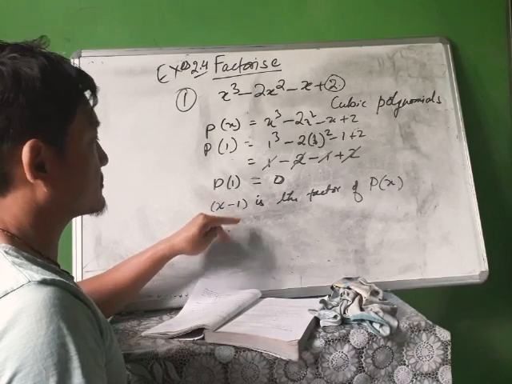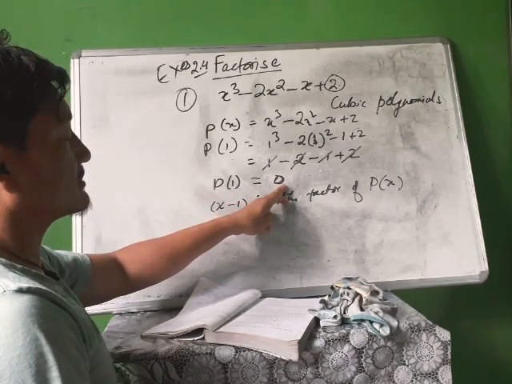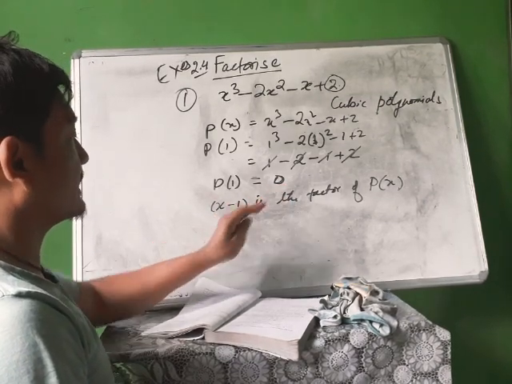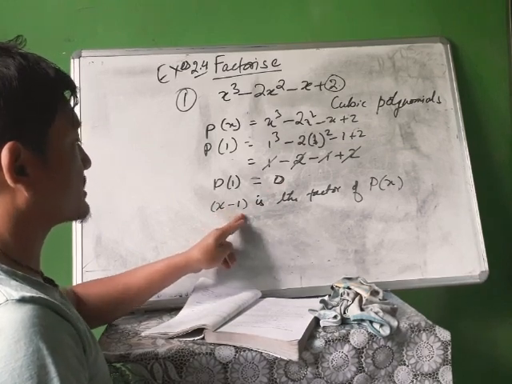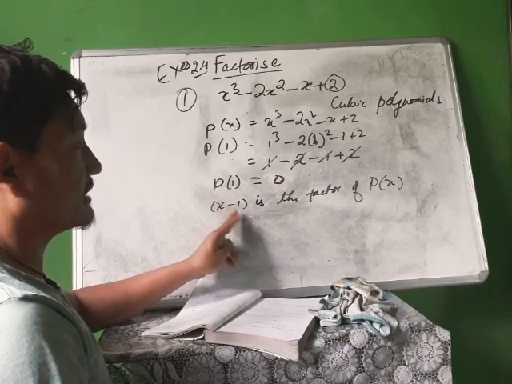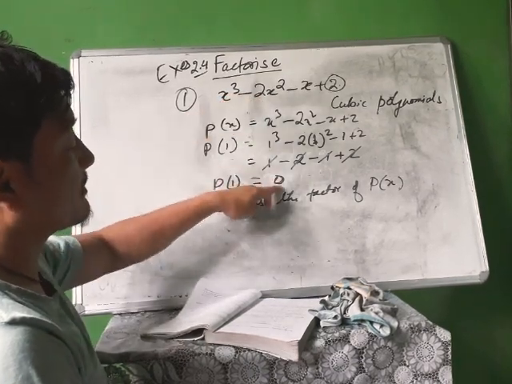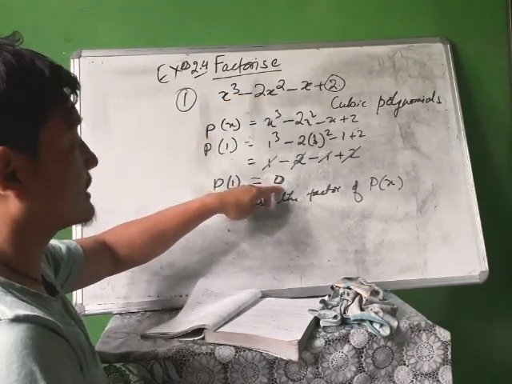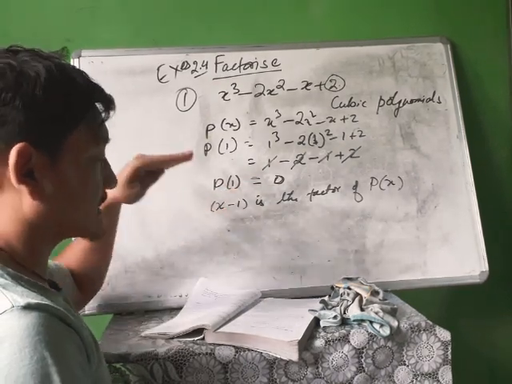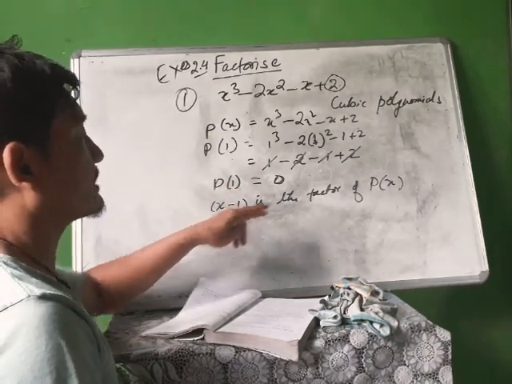In this case also, the overall value is coming as 0. It shows that if you divide by x minus 1, your remainder will come as 0.